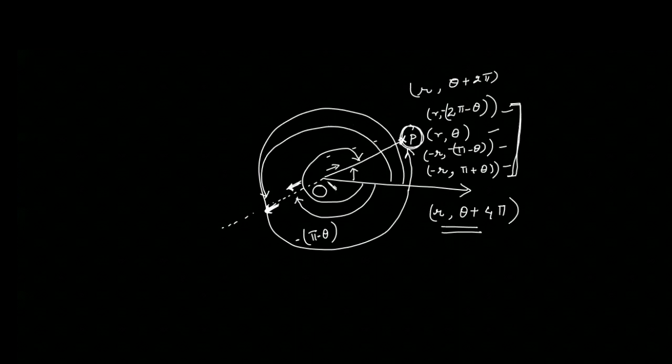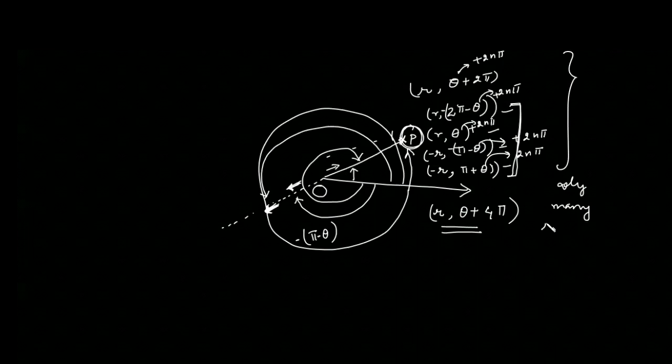So after taking one turn, two turns, three turns, four turns, and so on, and moving the same angle theta, one can reach the point P. So in theta we can add 2n pi. In every representation we can add 2n pi. So these are infinitely many representations of a single point.